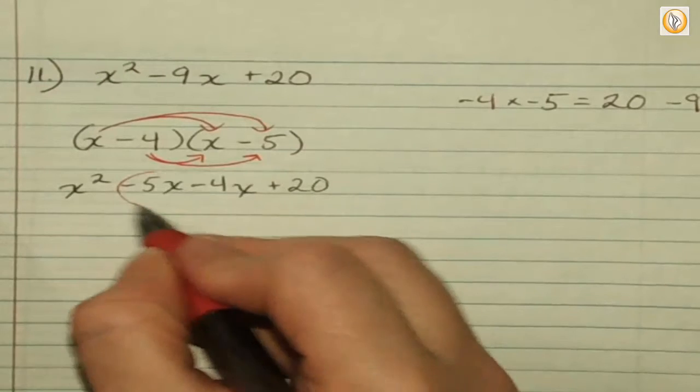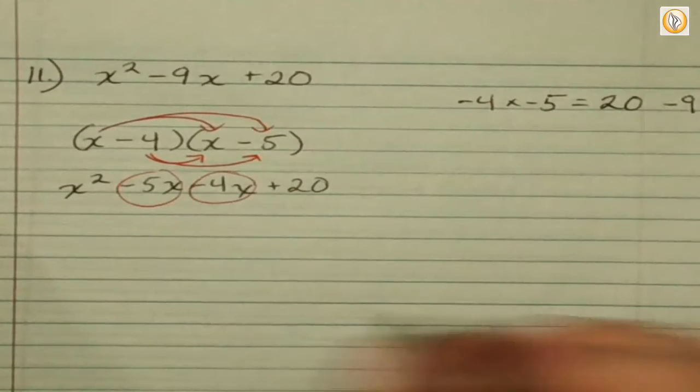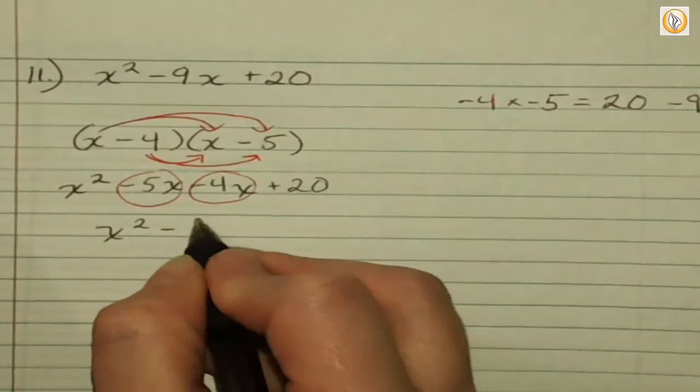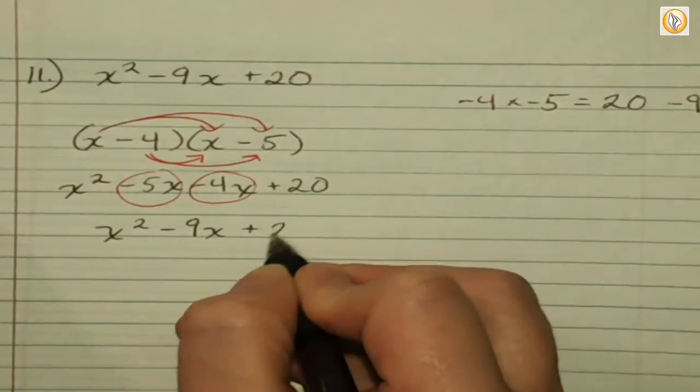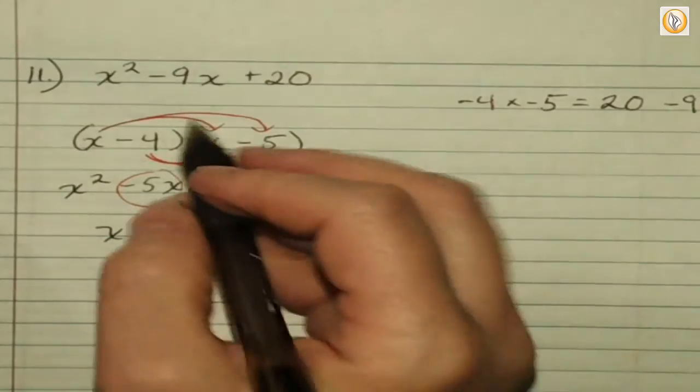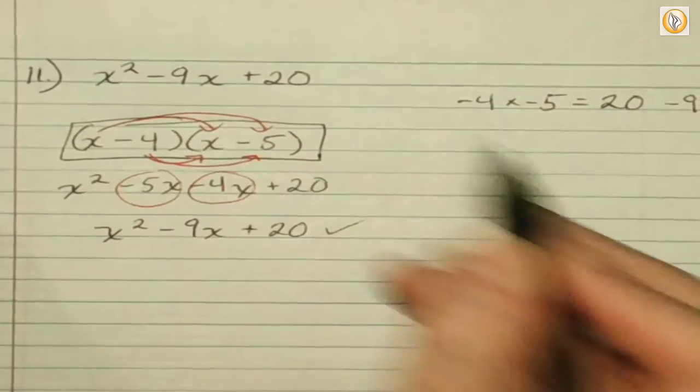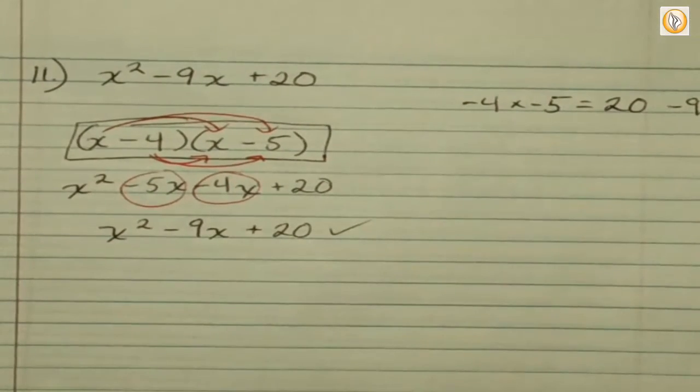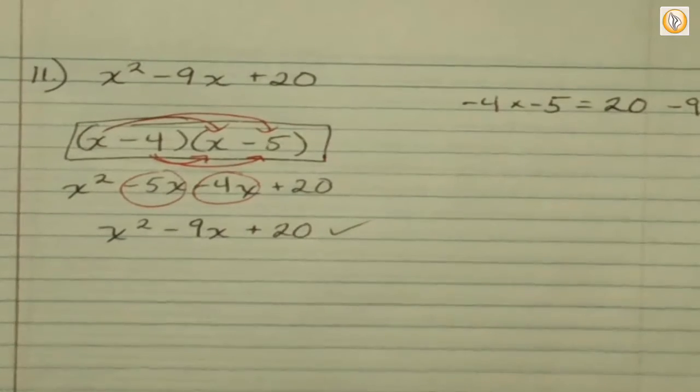Combine all the like terms. X squared minus 9x plus 20. And it checks. It may take you a while to figure out the factors that work, but all those different combinations. Okay, y'all ready to do a little more?